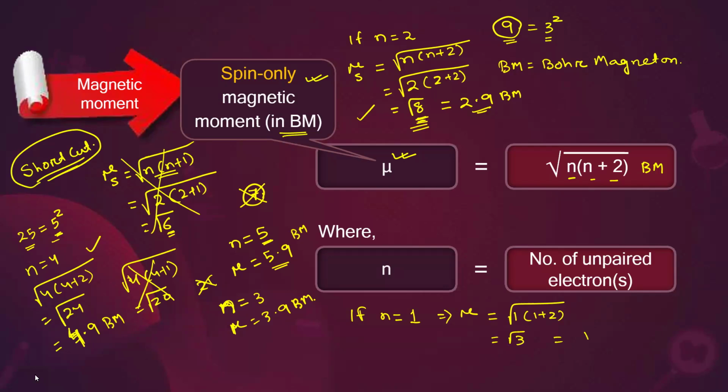You can write 1.9 BM, but it will not be exact, because we all know root over 3 value is 1.732 BM. So this much you need to remember. If you have n is equal to 1, then magnetic moment will be 1.732. Otherwise, just put .9. Okay, is it clear?